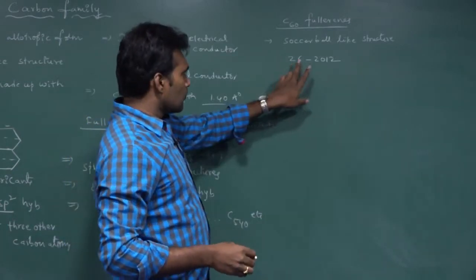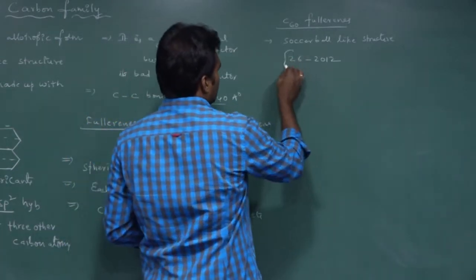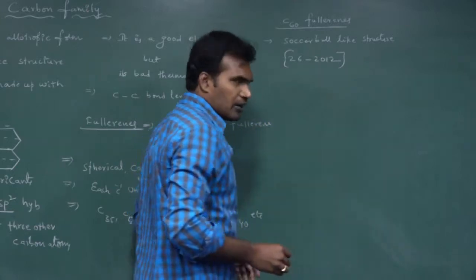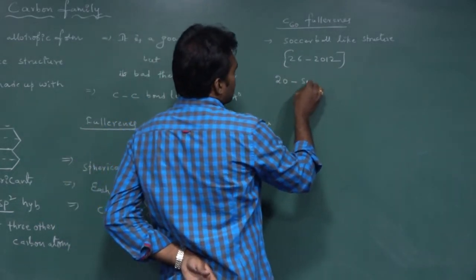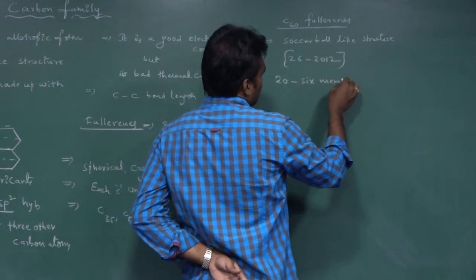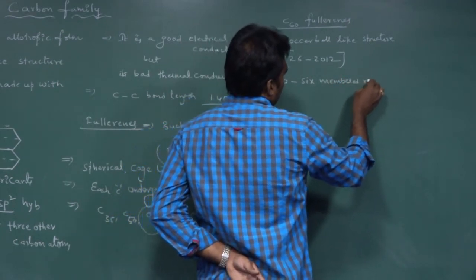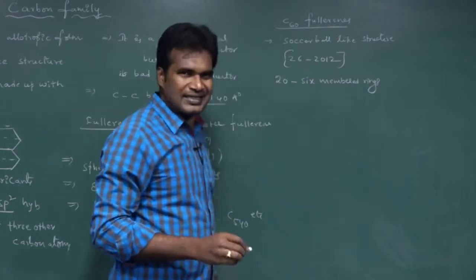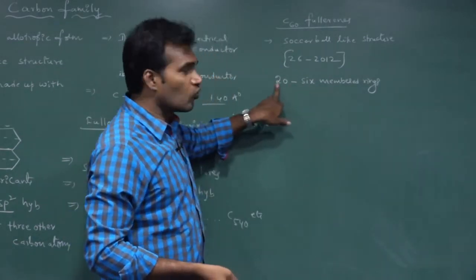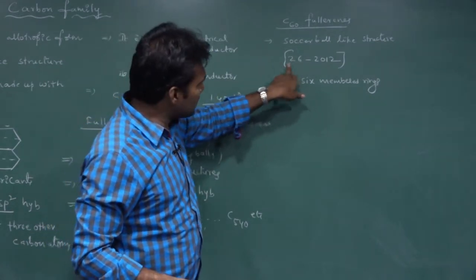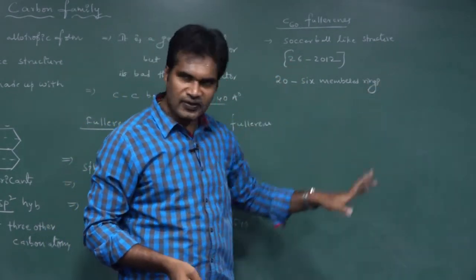What does this code indicate? In this C60 fullerene, in this soccer ball like structure, there are a total of 20 six membered rings. How many hexagons are there? 20 are there. So this 20 indicates 20 six membered rings.